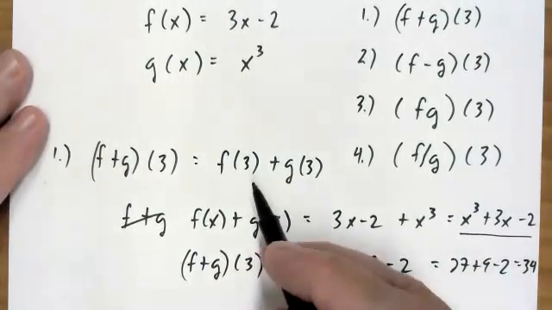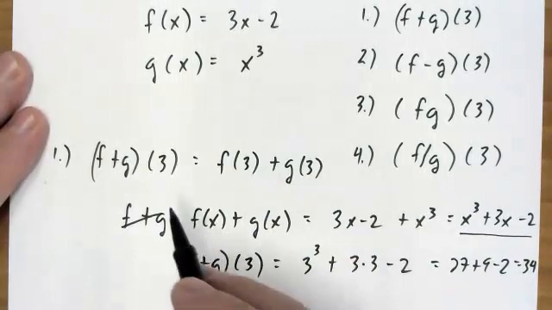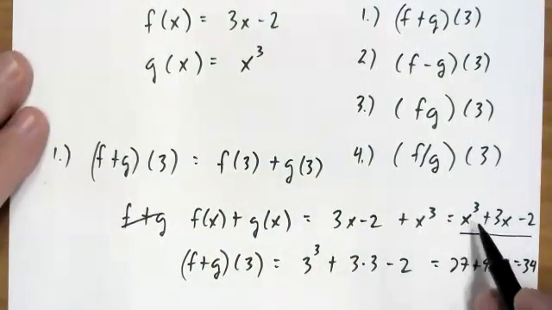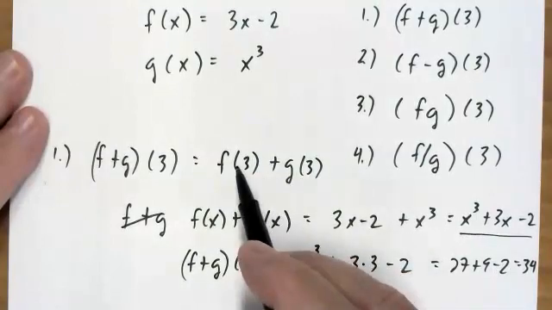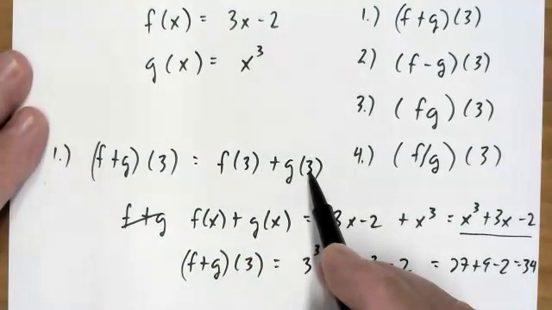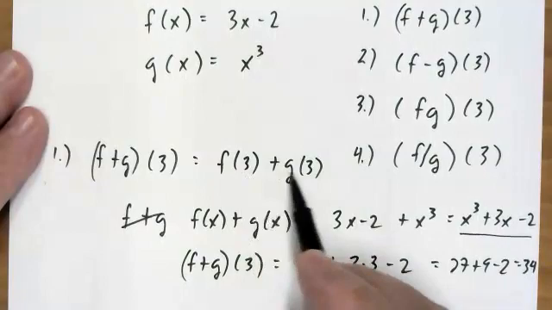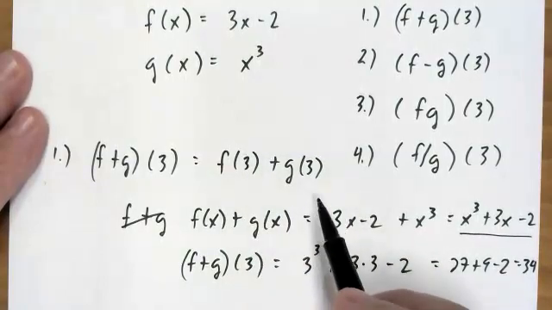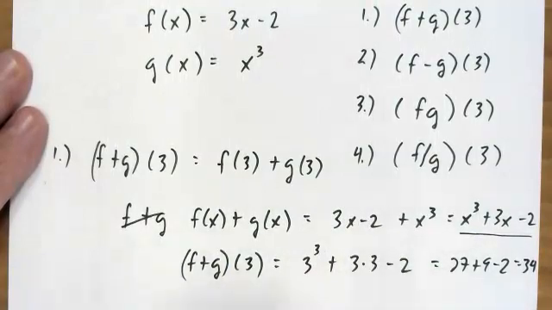The other way to do it is, instead of adding the functions together with the variable x still here, I can take the f function and plug in 3, and take the g function and plug in 3, and then simply add those together. The idea here is I'm trying to get rid of my variable x as soon as possible. So basically, I want to determine this.